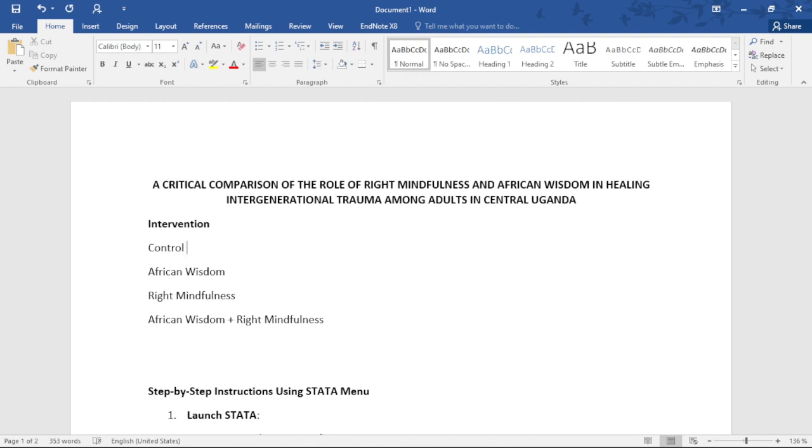Because this is a treatment and intervention, we need to measure something. In this case, we're trying to measure the intergenerational trauma. Has it gone down? Has it gone up? That is our dependent variable we are aiming to measure. If our intervention has worked, we expect trauma to be reduced to 0.